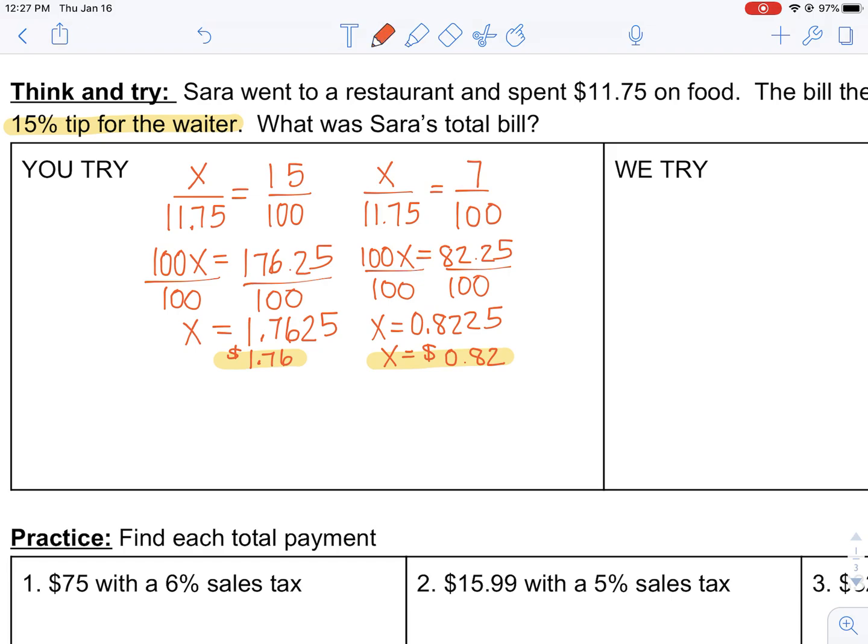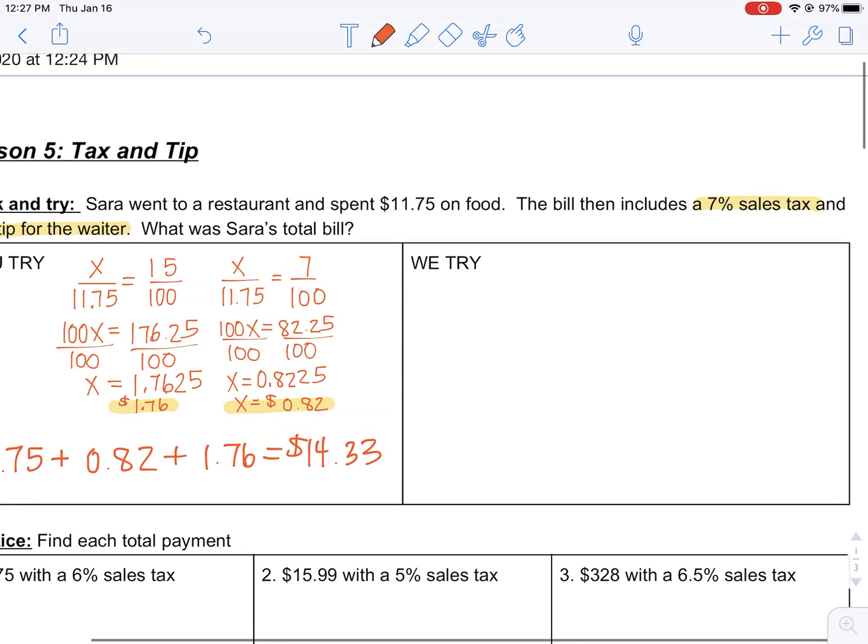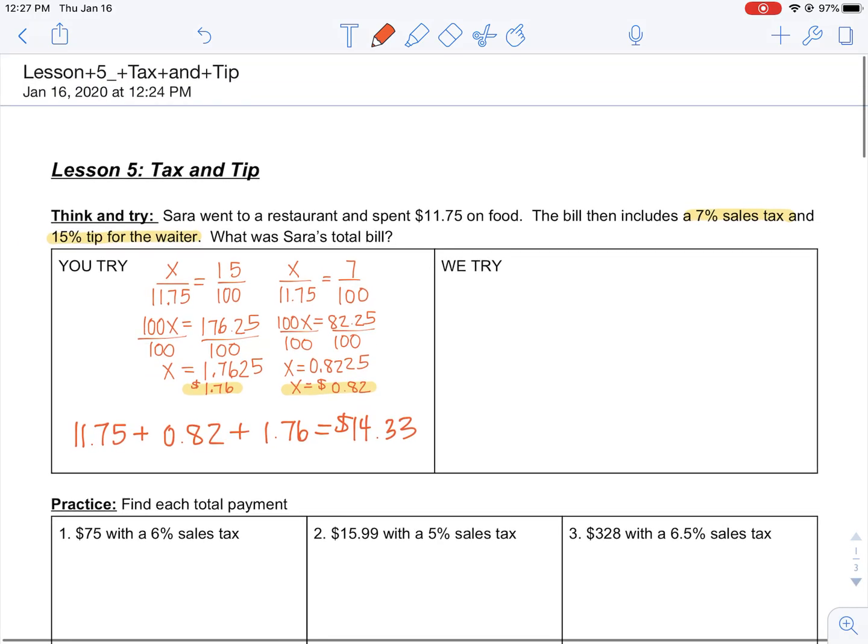And if I want to know Sarah's total bill, I have to add up $11.75 plus her tax of 82 cents plus her tip of $1.76. And when I add those all together, I have my total bill. Remember, you can use a handheld calculator, so that comes out to be $14.33.